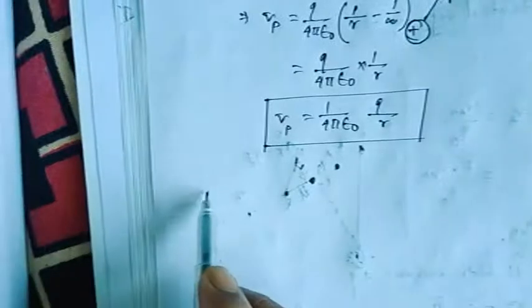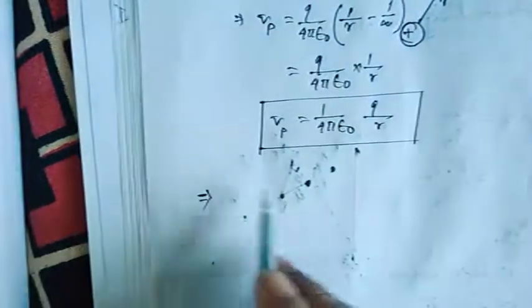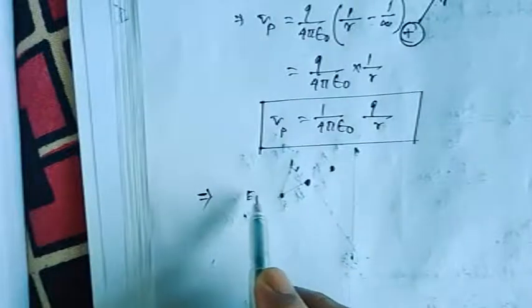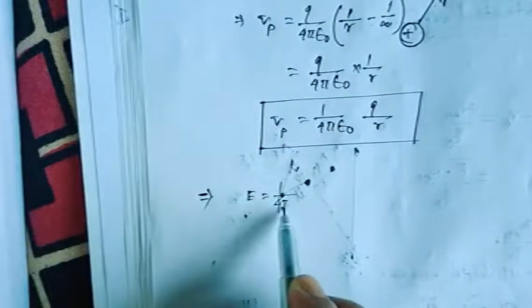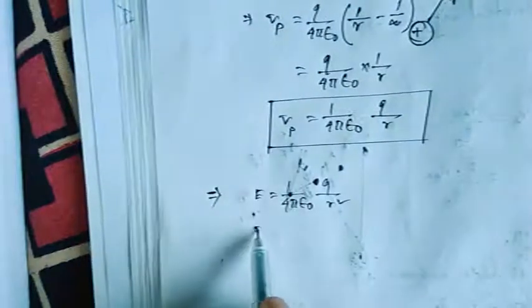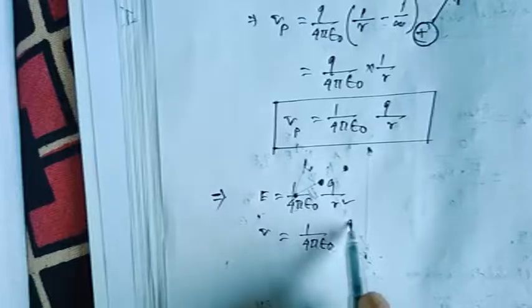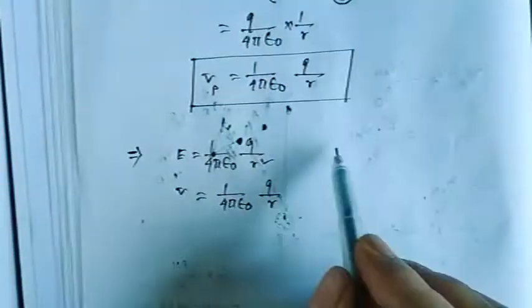Okay, now one more thing I would like to say. Electric field E equals 1 by 4 pi epsilon naught Q by R square. Electric potential V is 1 by 4 pi epsilon naught Q by R. So what will be the graphical representation of these two?